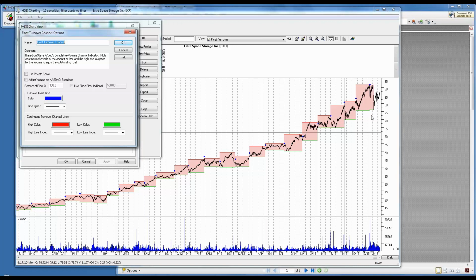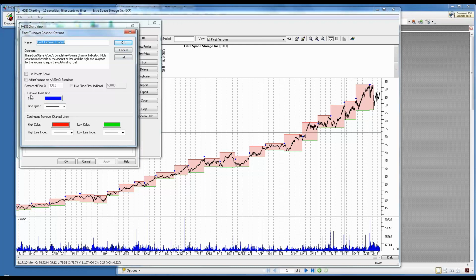So for every single day, imagine how many days back from that date it would take for the volume to sum up to the float. And then that becomes the point on that day for the high and the low. And then yesterday, the same computation is computed again and again. And so you end up with a continuous version of these high and low lines.